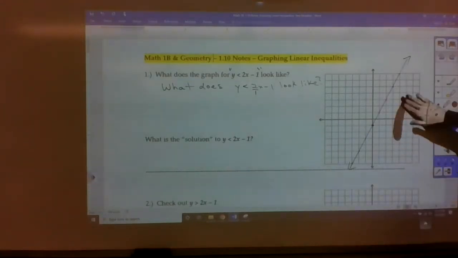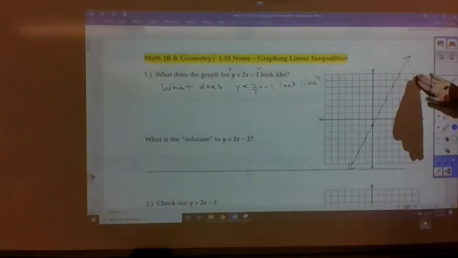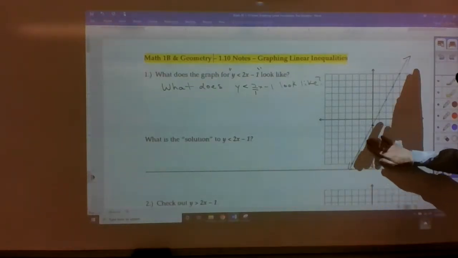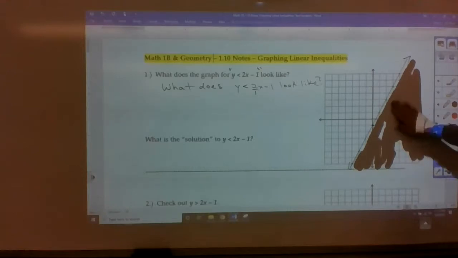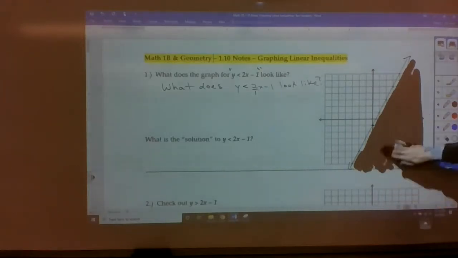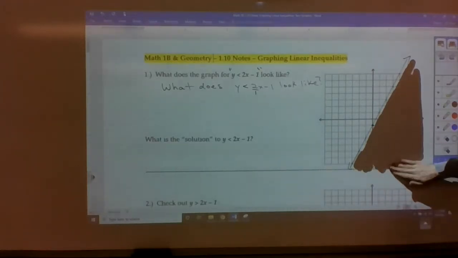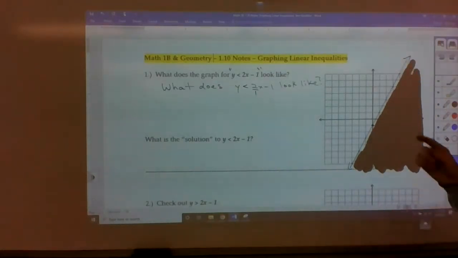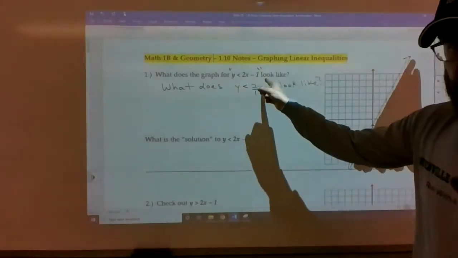I think I can do this. Yeah, it's all of this. All the points in this shaded region represent solutions to the system, or to this inequality. Every single dot below this line represents the solution to the inequality.